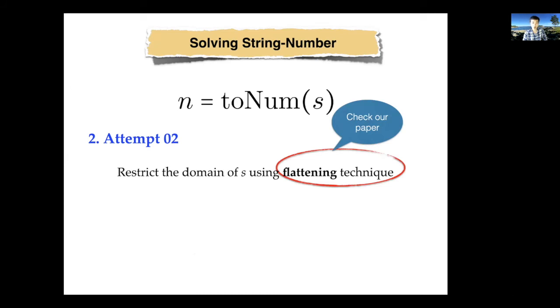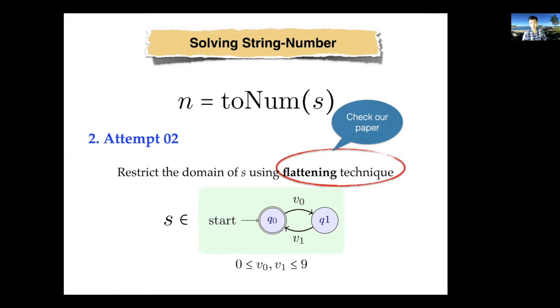We restrict the domain of string S using a technique called flattening. We do describe the technique inside our work, so please check it out. For example, when we use the technique of flattening, we will limit the domain of S to some simple automata loop. Here I limit the domain of S to V0, V1 star, with V0 and V1 being variables from 0 to 9.